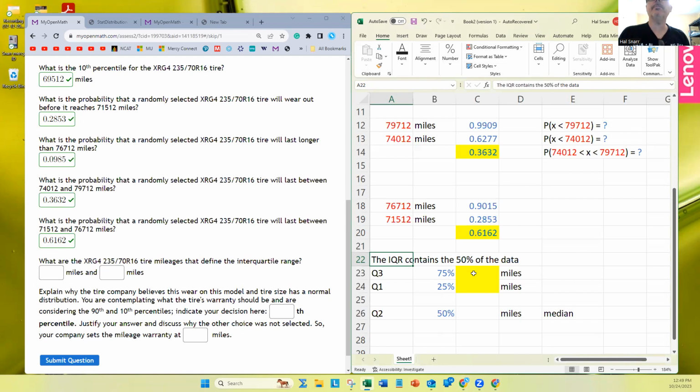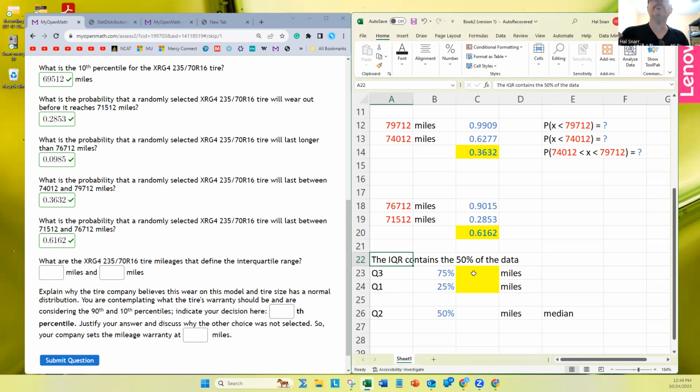So the range is the maximum minus the minimum, and all the data are between the max and the minimum, which implies inclusion. So max is in the data, the minimum is in the data. So 100% of the data are between the min and the max.